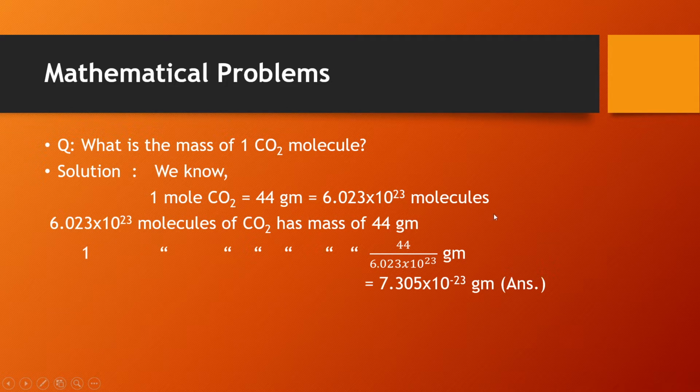The required value should be at the right side, and the given value should be kept at the left side. We have to determine the mass of a carbon dioxide molecule, so the mass will be at the right side, and the number of molecules will be at the left side.